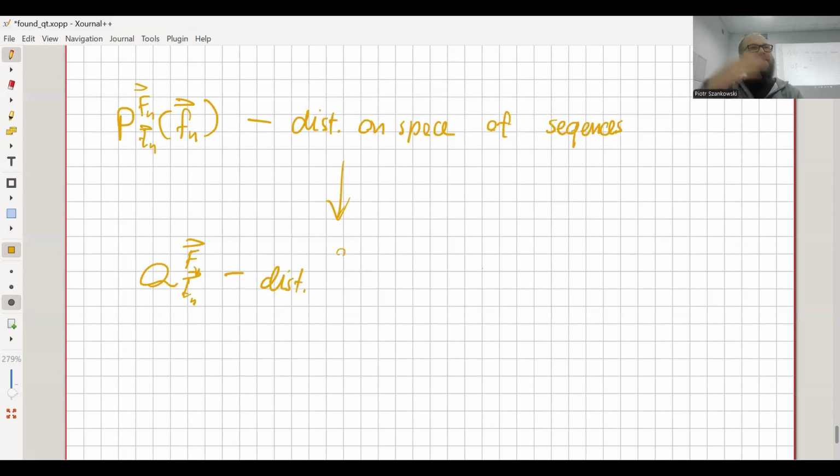You can have measures that are complex valued. There is no problem with that. On the space of two sequences. Right, that's the simplest thing you can do.